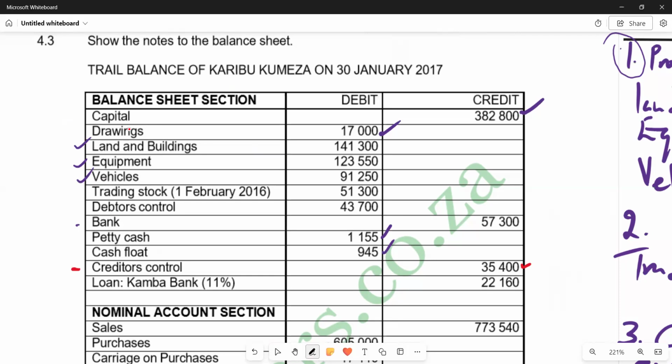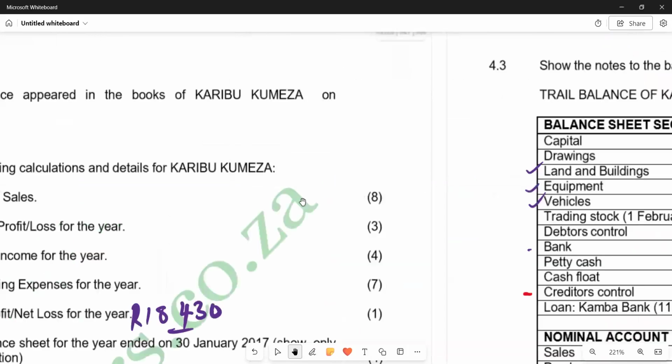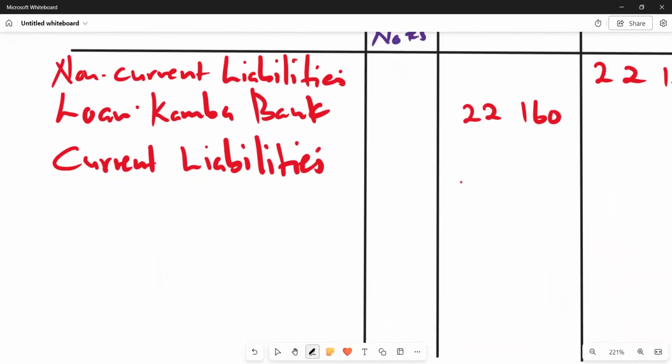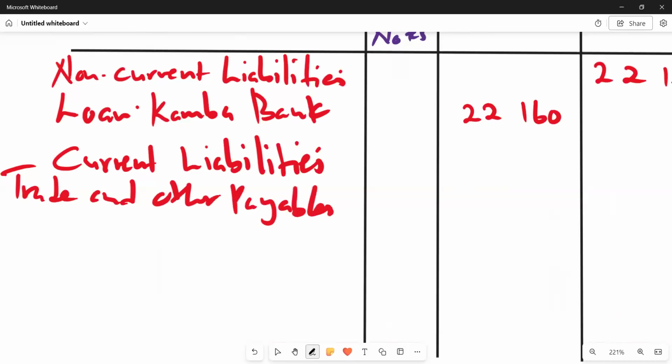So we see that in our question, we don't have such. So we're just going to take our creditors control as trade and other payables. Here we are saying trade and other payables. And then the figure that we are using there is 57,300.